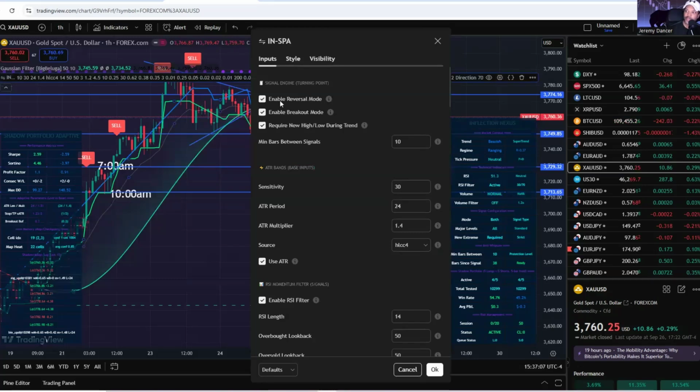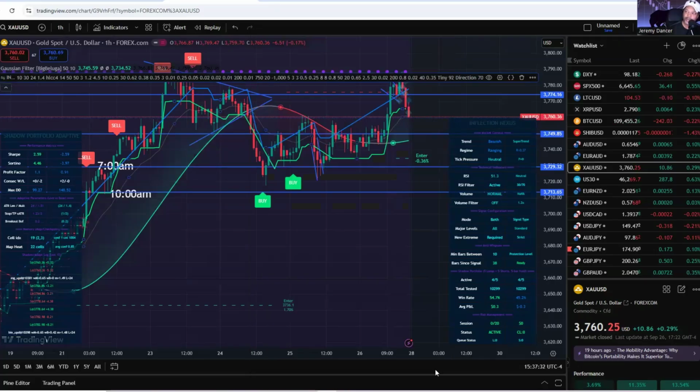All right, so up top you can see that I have reversal mode checked and I have breakout mode checked. So if I uncheck one of these, then it's going to show me what I'm looking for. So if you are a trader who only wants to trade breakouts, then only have breakout checked. If you are a trader who wants to only trade reversals, then only have reversal checked. But I want as many signals as possible. So that's why I have both of them checked.